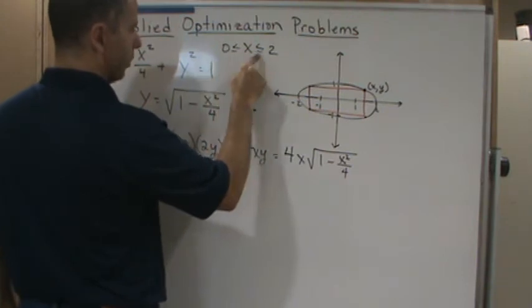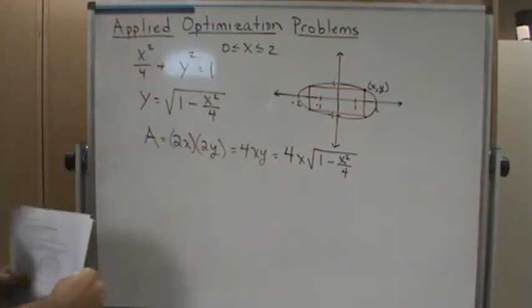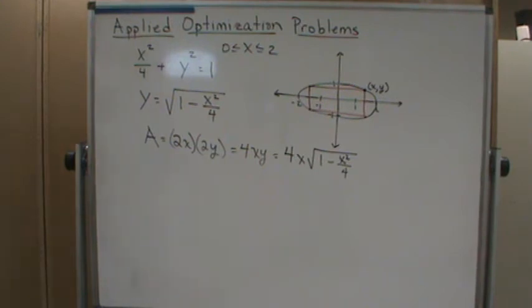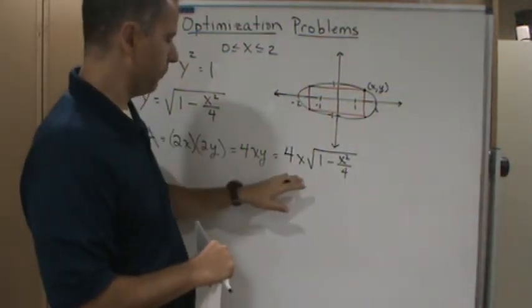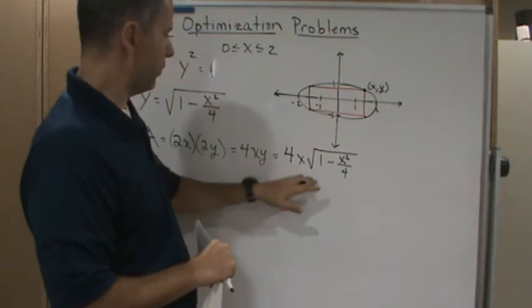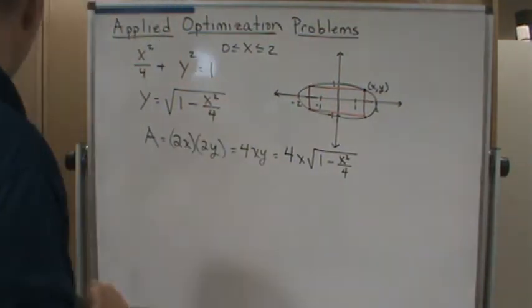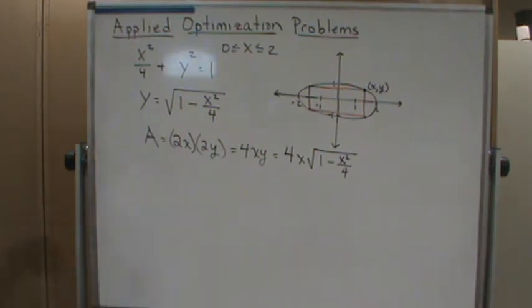If x is equal to 0 or x is equal to 2, we don't have a rectangle, so our area would be 0. But we're going to consider the closed interval from 0 to 2 so we can find the absolute maximum, because remember, this is continuous over the bounded closed interval, which means there's an absolute maximum and an absolute minimum, so we're going to check the critical values and the endpoints, just like we did before.